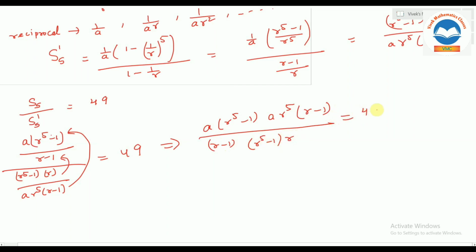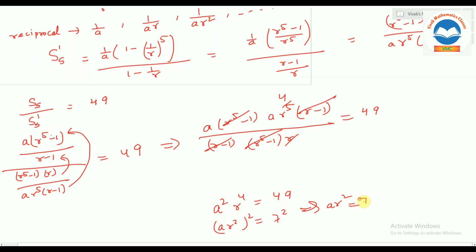This value they have given as 49. Whatever we can cancel, we will cancel out. The r to the power 5 minus 1 and r minus 1 can also be canceled. So one r will cancel out. You will get a square r to the power 4 is 49. So this we can write as ar square, whole square, will be 7 square. So from here, what will you get? ar square, you are getting as 7.